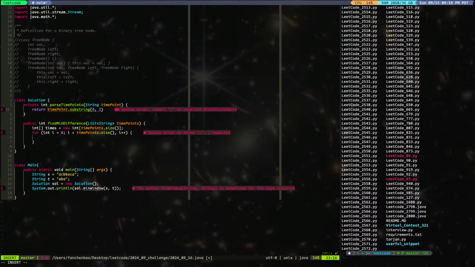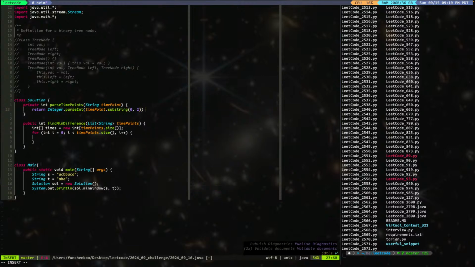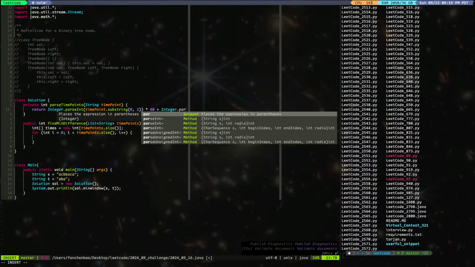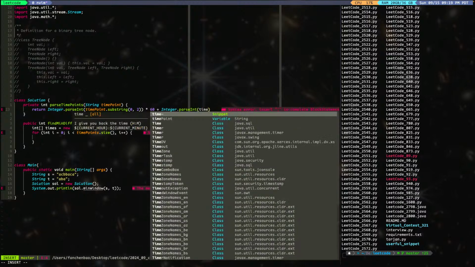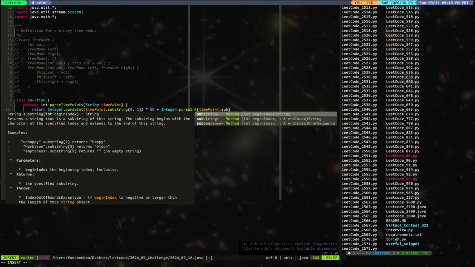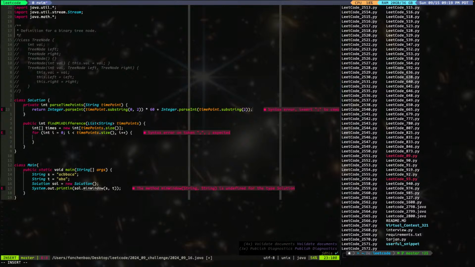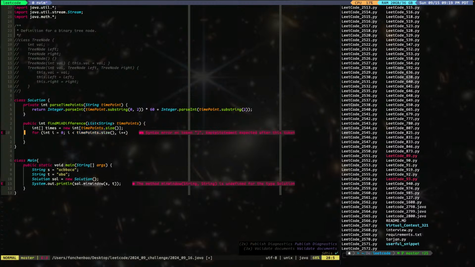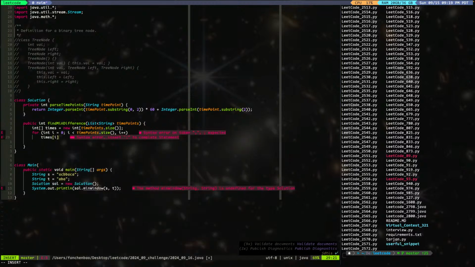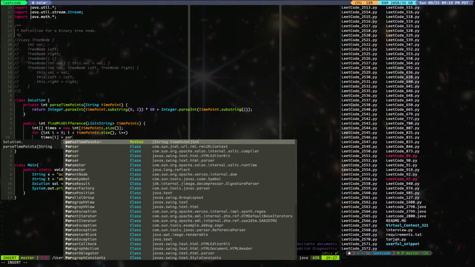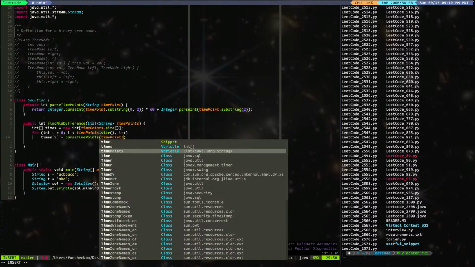Right, and now we're going to do Integer dot parseInt of time point dot substring, times 60, plus Integer dot parseInt time point dot substring 2. Okay, so we don't need this. All we need is times i equal to parse time points i.